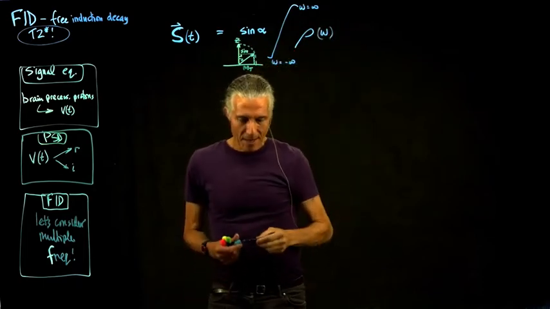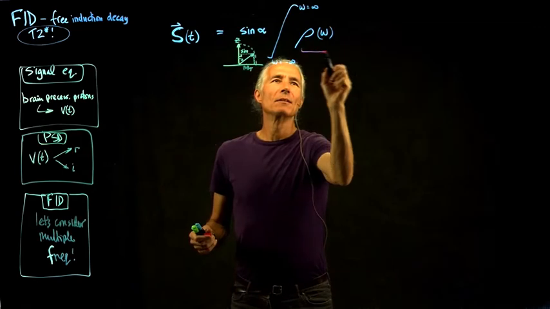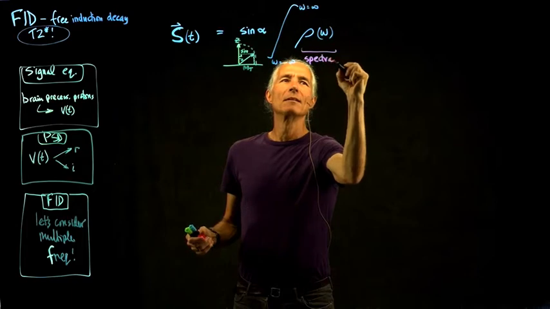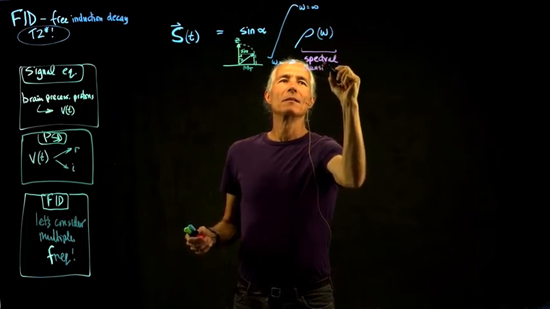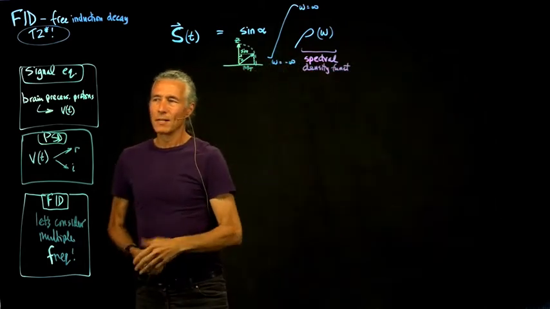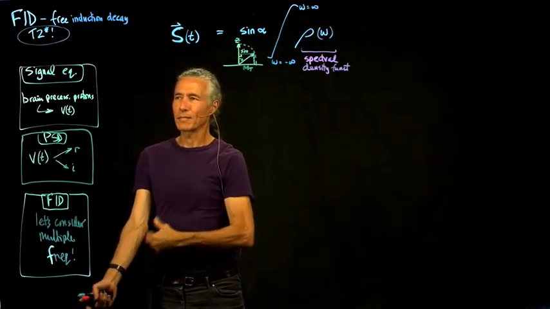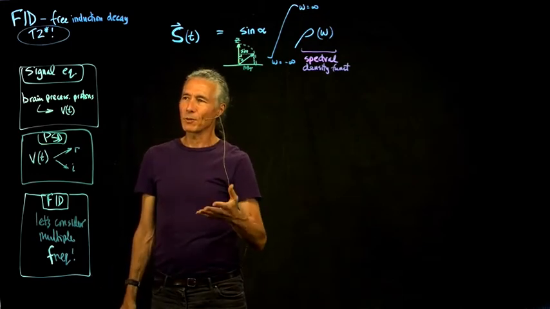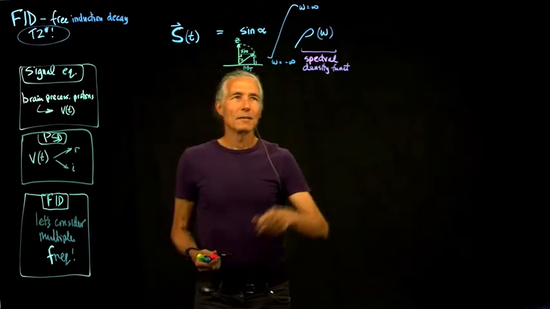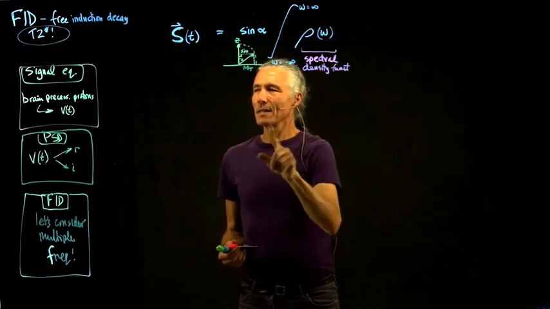We'll call this the spectral density function. It's just some function that says you have more of this frequency, less of that frequency, none of this frequency. It describes the distribution of frequencies in the signal, so it's basically a graph with frequency on the x-axis.